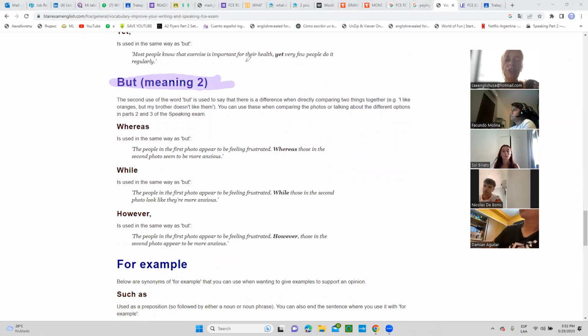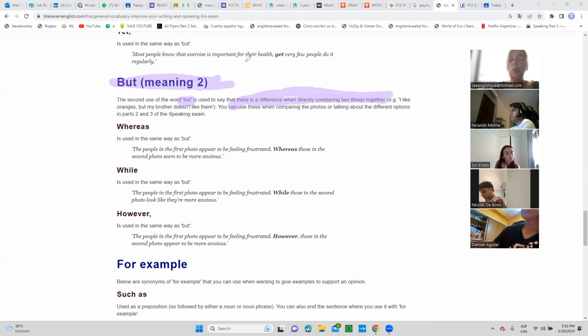Okay, you can use this when comparing the photos or talking about the different options in part 2 of the speaking exam with the 2 pictures, or in part 3 of the speaking exam when you are talking with your partner about the different questions. So here, the second use of but, we use it when we want to say that there is a difference when we are comparing two things together.